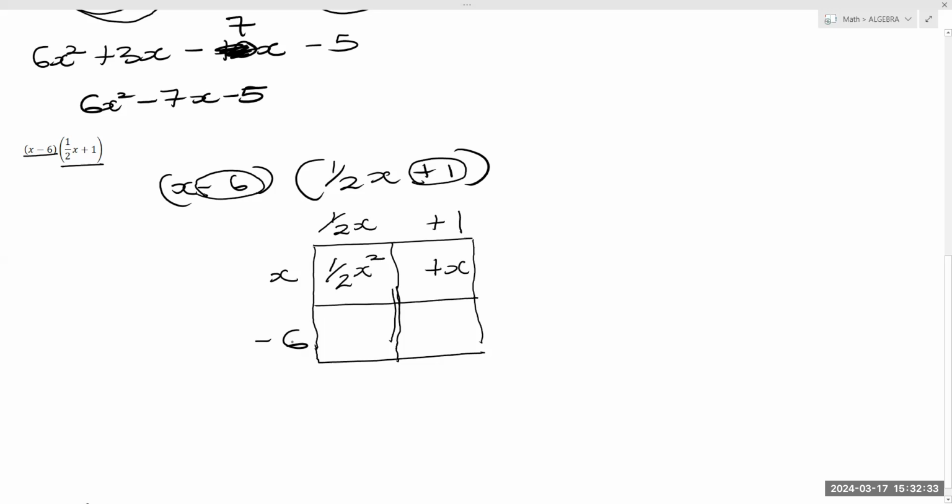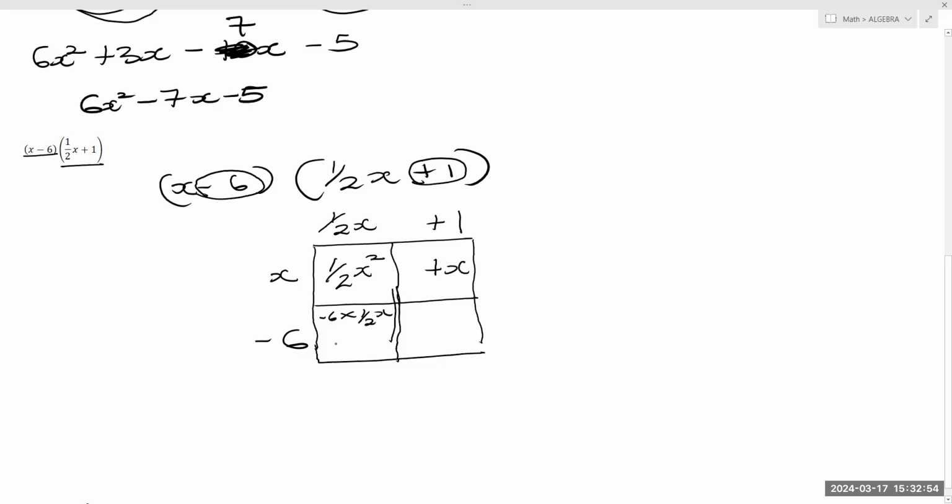Okay. -6 times half x. So if you don't want to do some of the mental math, you can actually do it inside the box if you want. So you have -6 times half of x. That will be -6 over 2.